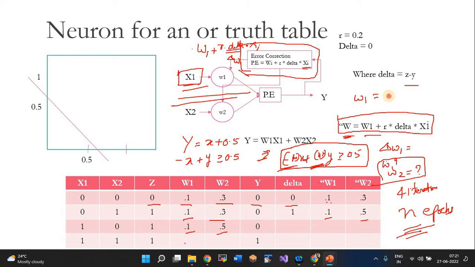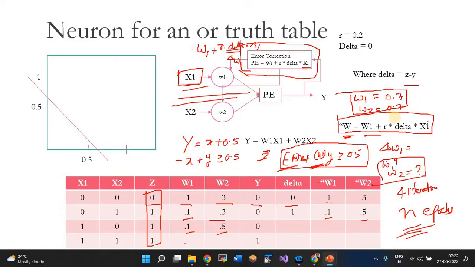For all kinds of input, the output will be exactly the same as the expected output of 0 1 1 1 for this OR table. I don't have the actual calculation here, but I had a Python code, but I am not able to find it because this is another machine, so I don't know where exactly that code has gone, but maybe next time I will show it to you. So that's how this particular equation will come in.